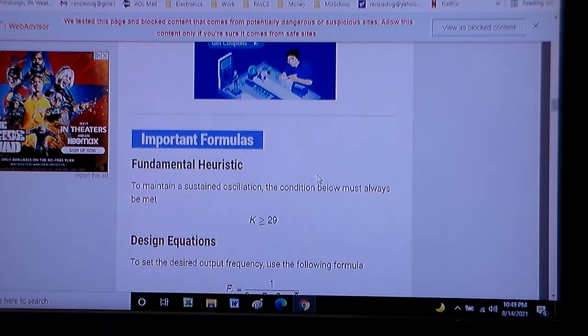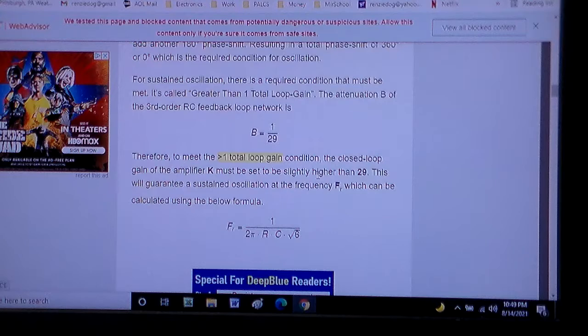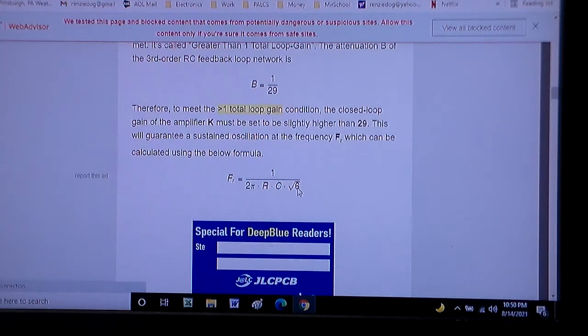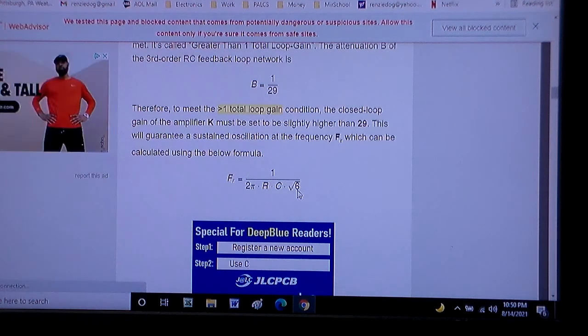If you look at the formula for figuring out the resonant frequency of this circuit, it's right here. The 2 pi is going to be a constant, and the square root of 6, in this case the square root of 2 times the number of stages. This has 3 stages, so 2 times 3 is 6, and it's the square root of that. So this will also remain constant.